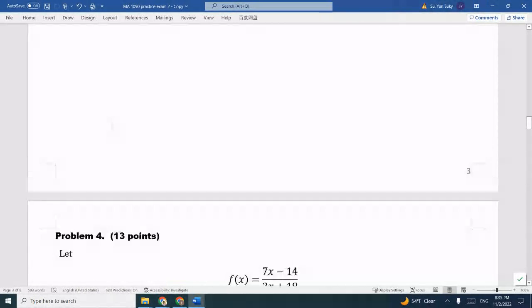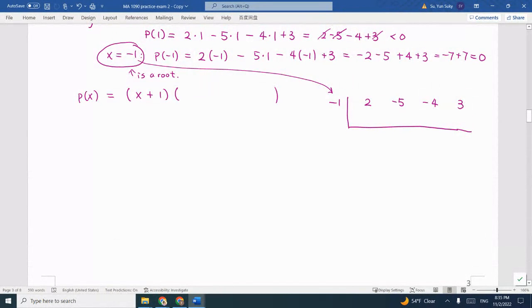You put down all the coefficients. So we move the 2 down. And then 2 times negative 1 is negative 2. We move it here, right? Negative 5 plus negative 2 is negative 7. And then negative 7 times negative 1 is 7.